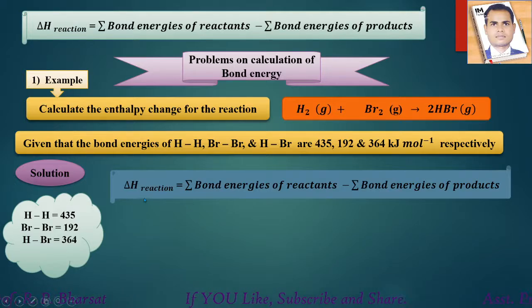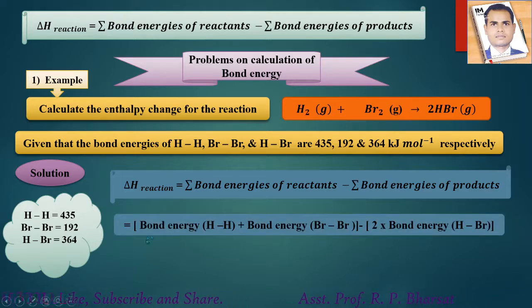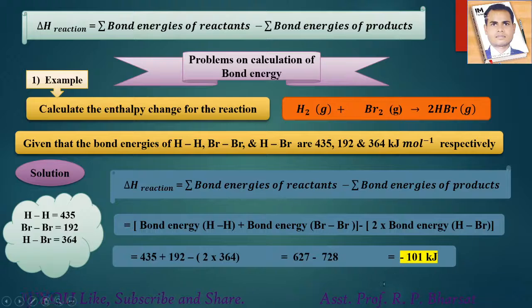Delta H of reaction is equal to the summation of bond energies of reactants minus the summation of bond energies of products. The bond energies of reactants, that will be H2 plus Br2, that means the bond energy of the H-H bond plus the bond energy of the Br-Br bond, minus the summation of bond energy of products, that will be 2HBr, that means 2 into the bond energy of H-Br. Simply we have to put these values in this formula.